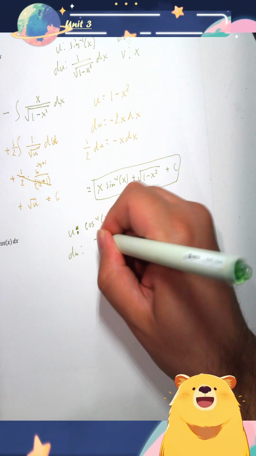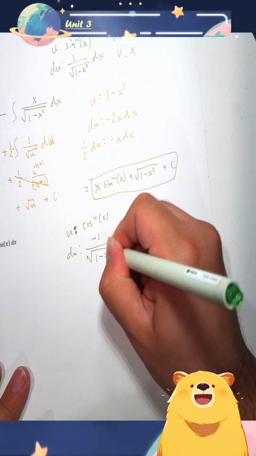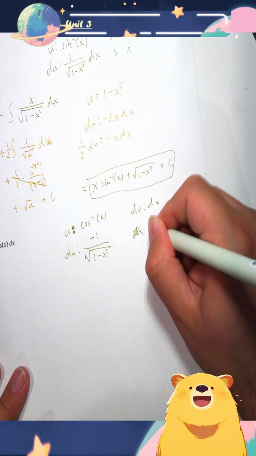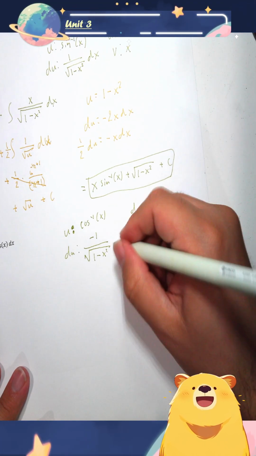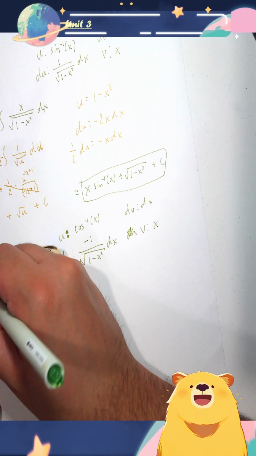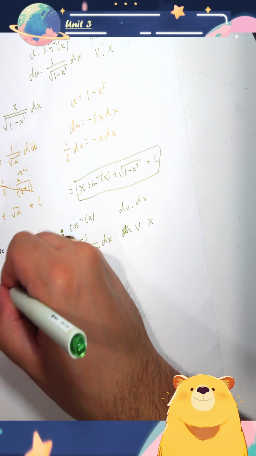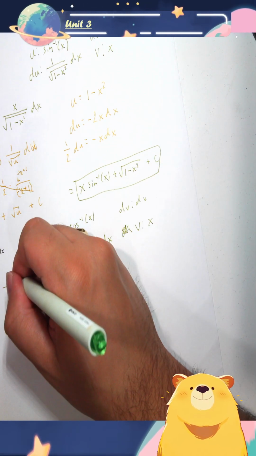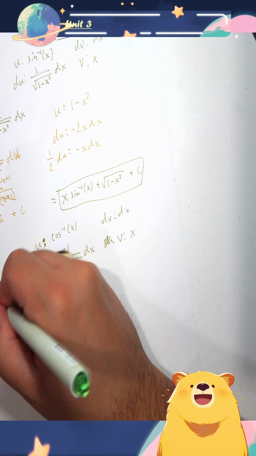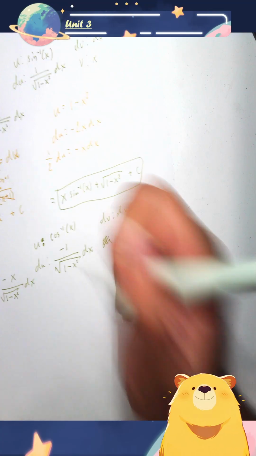Yeah, so negative 1 over the square root of 1 minus x squared, and v is x. So the setup is x cosine inverse of x minus a negative x over square root of 1 minus x squared dx.